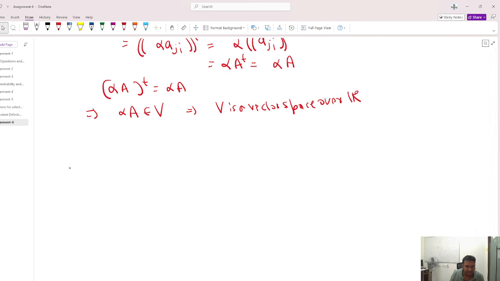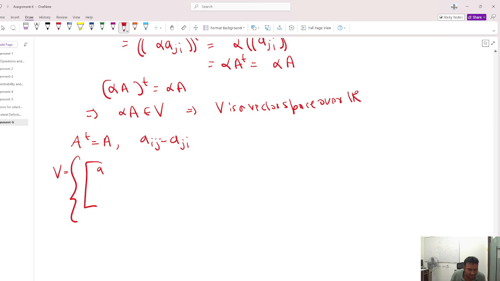And now you have to compute the dimension. So let us do a little bit of hard work. What does this mean, guys? This means Aij equals Aji, right? So let us write it properly. This is the collection of A11, A22, A33, A12, A21, A23. I'm writing this only because I know these are equal.